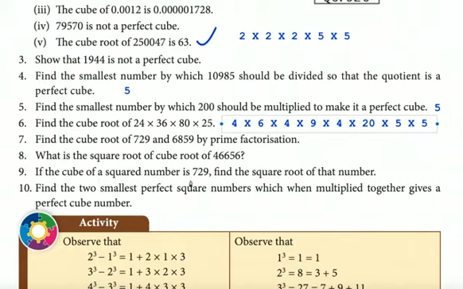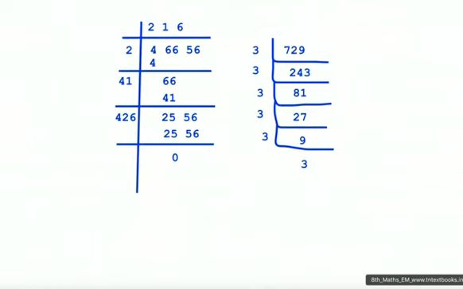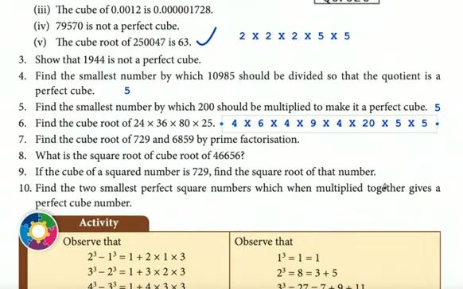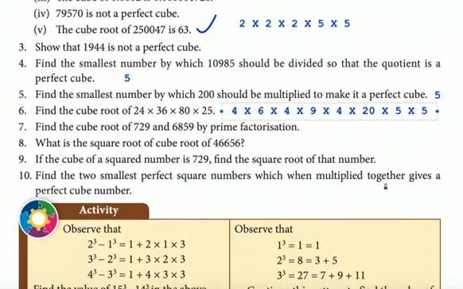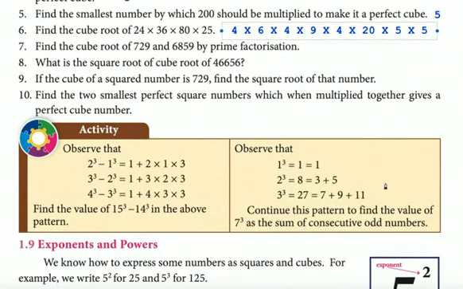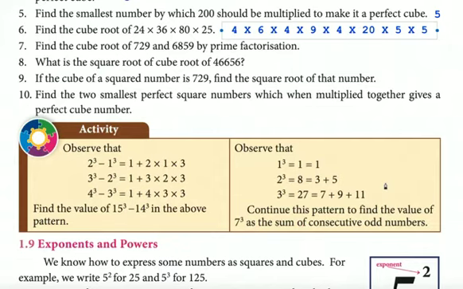The cube of a square number is 729, find the square root of that number. x is 3, so the square root of that number, square root of 3 is 1.732, okay. If that is what he means, okay. If he wants the square root of 729 also, that also we can find.